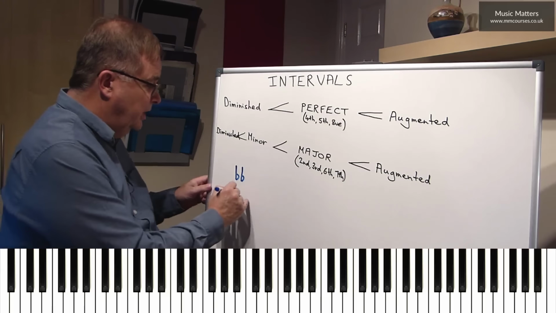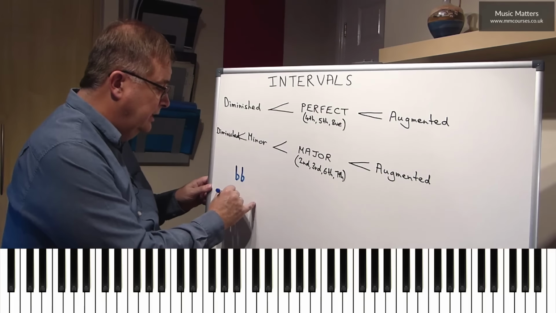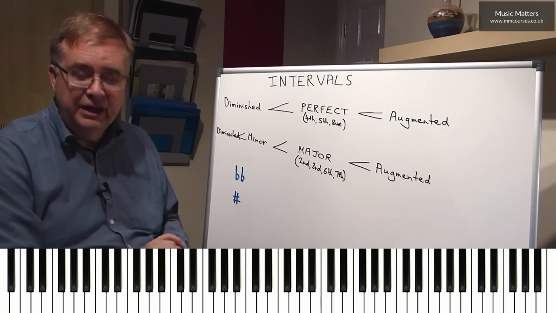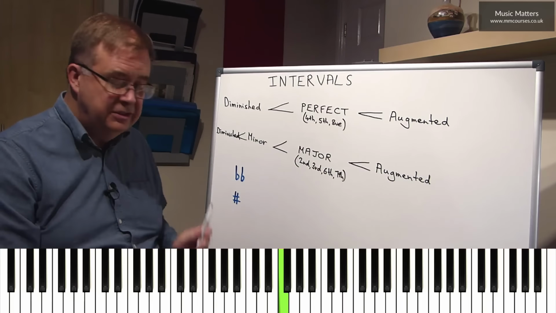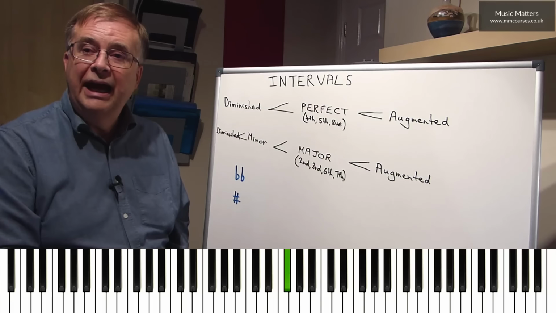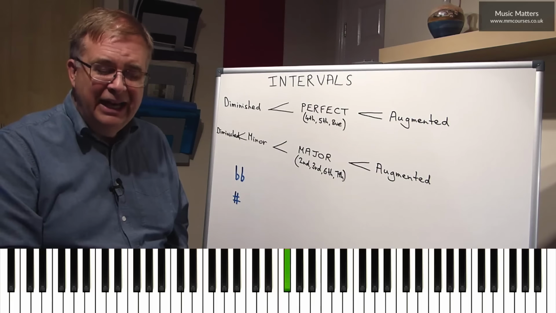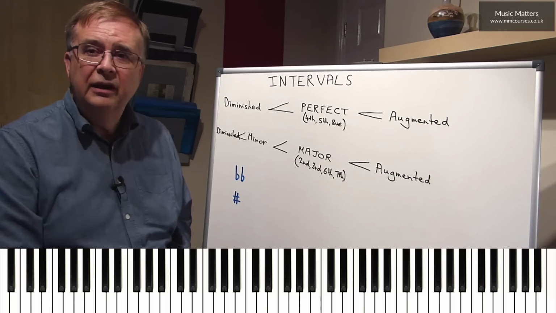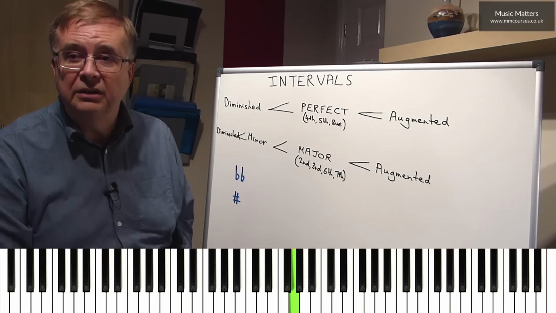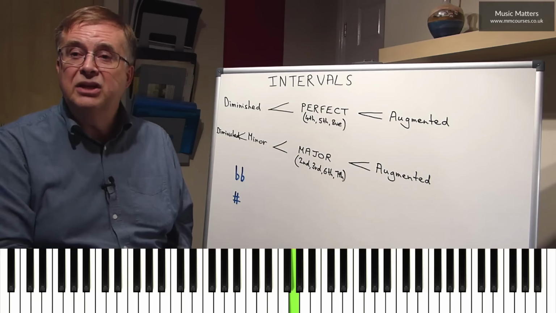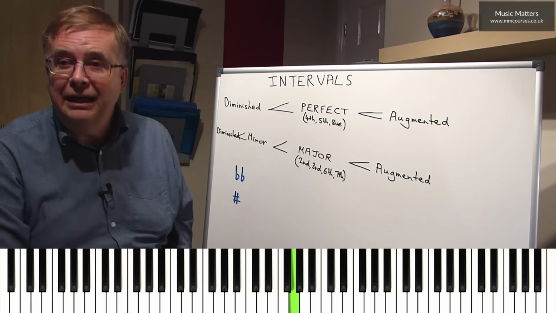If you have a sharp sign, one of these noughts and crosses things, that raises a note by a semitone. So if this note's F, and I put a sharp sign in front of it, then it's going to be F sharp. If I had F double sharp, it would be this note. And some of you will be saying, well, that's the same as G. Yes, you're absolutely right, because notes have more than one name.